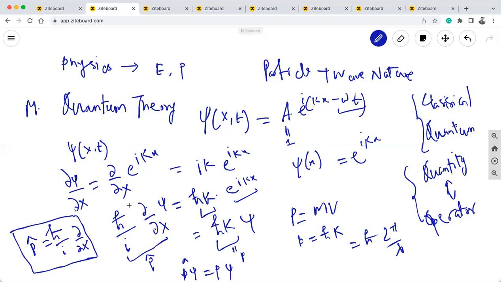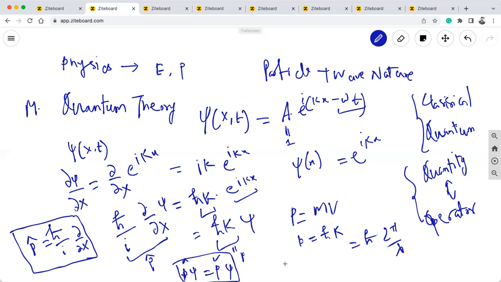If it acts on this wave function, it will return the quantity related to the operator along with the wave function. So if you use h bar by i del x and it acts on chi, it returns the momentum and your chi.